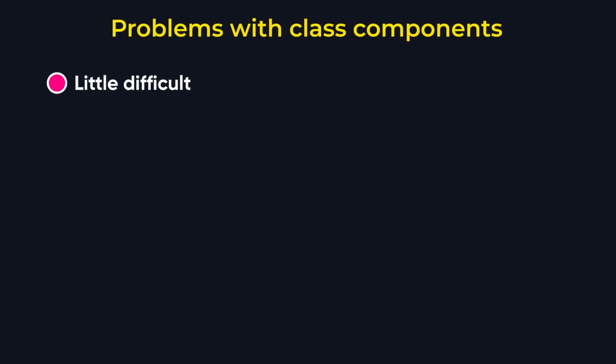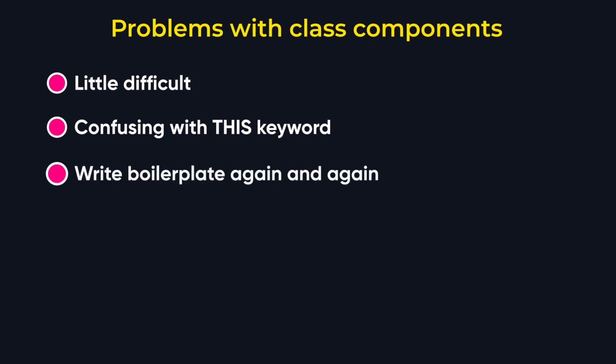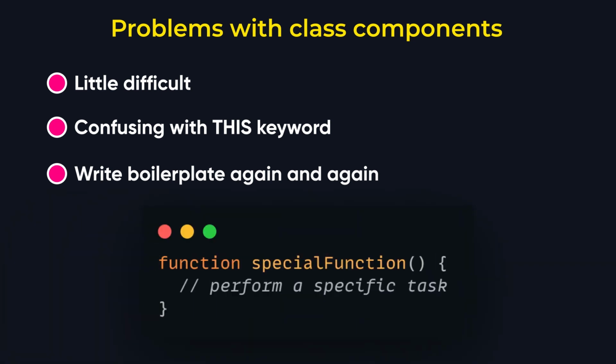Developers had some problems with class components, such as classes being a bit difficult, especially for those who just started with React. The this keyword is confusing, and we have to write all the boilerplate again and again when we create a new component. So React took some time to develop special functions that we can use in functional components, and those special functions are called hooks.